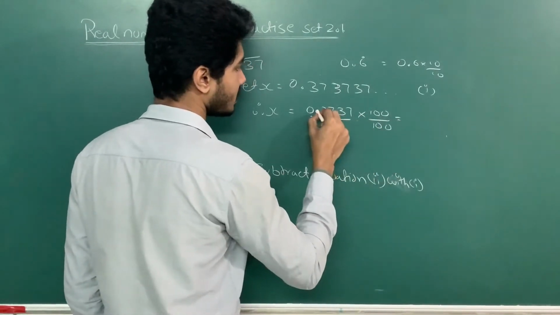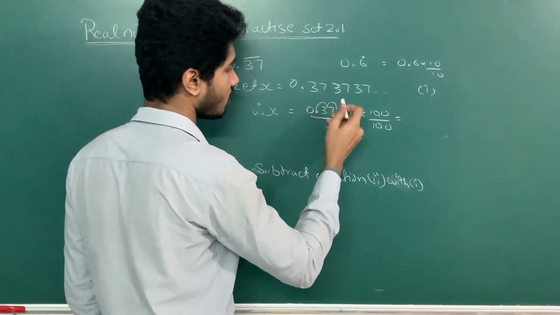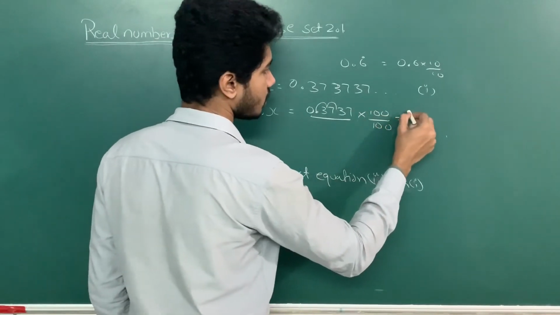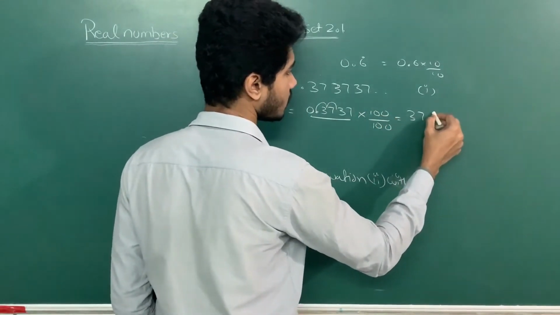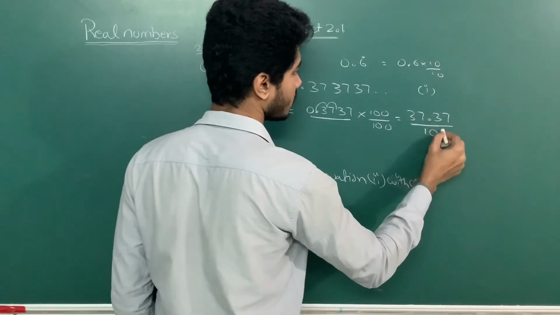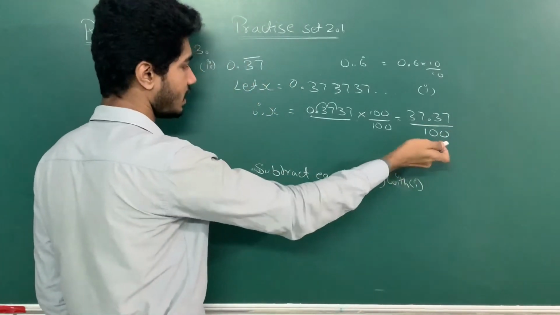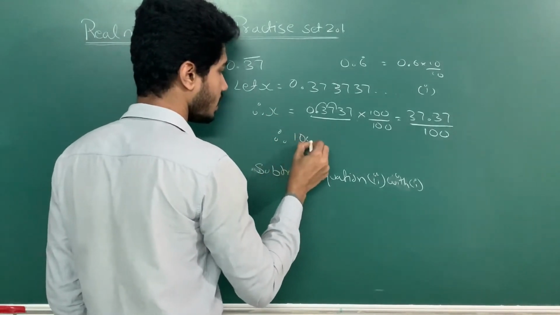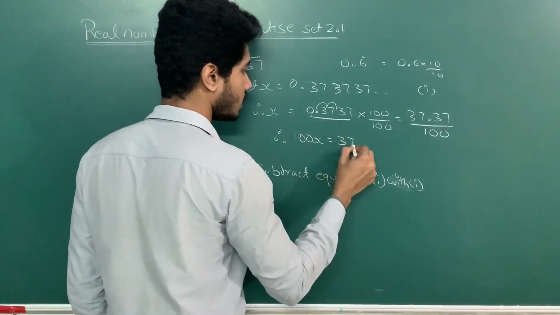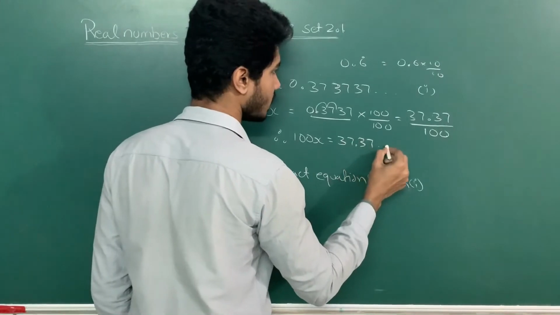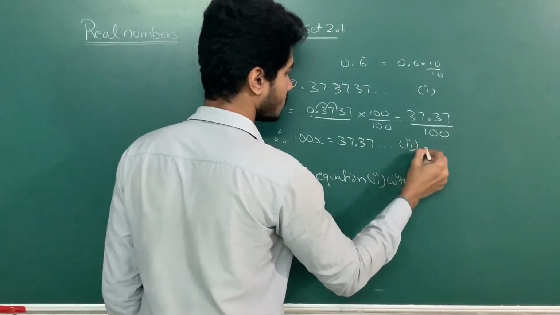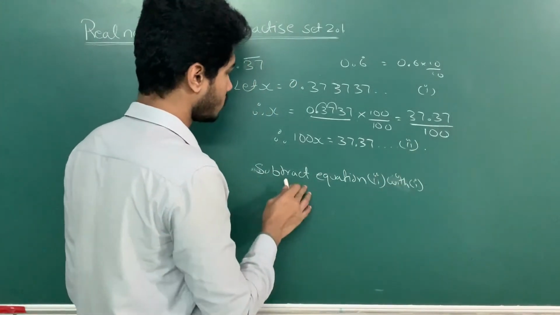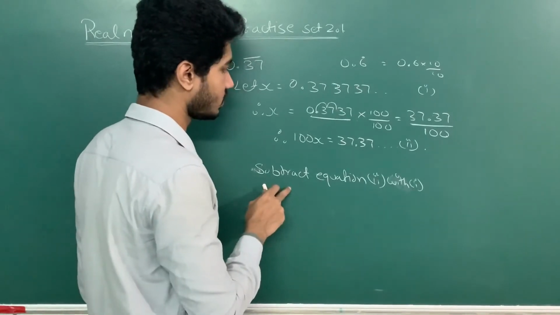So when you multiply, the decimal will shift on the right hand side. So you get 37.37 upon 100. Now you take this 100 towards the x, so you get 100x is equal to 37.37, and let this be equation number 2. Now next step is subtracting equation 2 with 1.